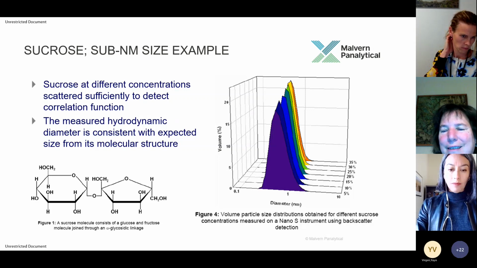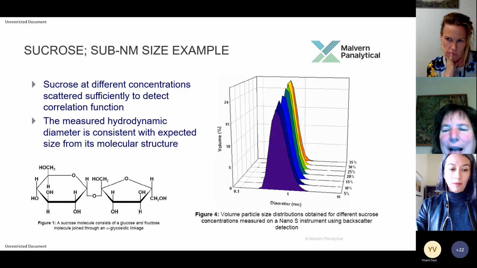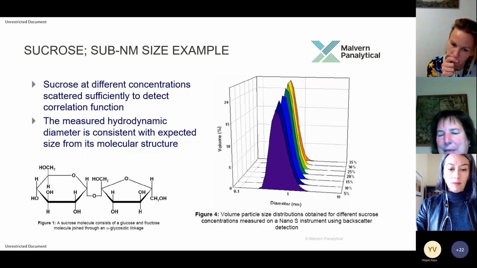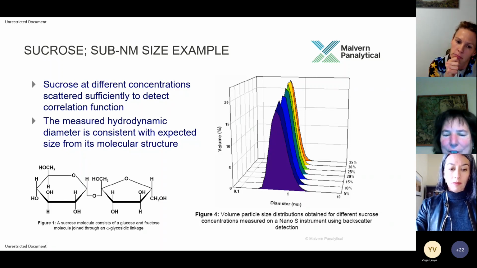One of the nicer examples of how we spec the lower end for the Zetasizer Nano, for instance, is that we published data showing sucrose. Whether you're running sucrose or dextrose or maltose, depending on what sugar molecule you're looking at, we can actually size it somewhere between 0.6 to 0.7 nanometers, depending on the actual molecule and what its size is.